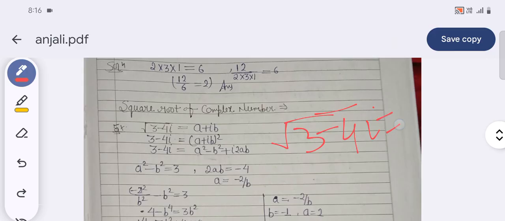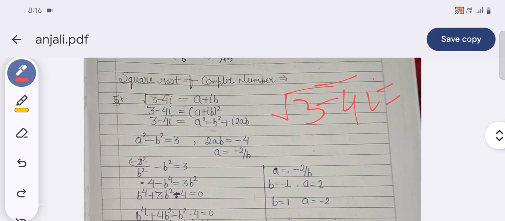So you will compare this with the equation of a complex number. We know very well what is the equation of a complex number: a plus iota b. Okay, and we can easily find out the value of a and b. And on the right hand side we will remove the square root. So what will we do? We square both sides.